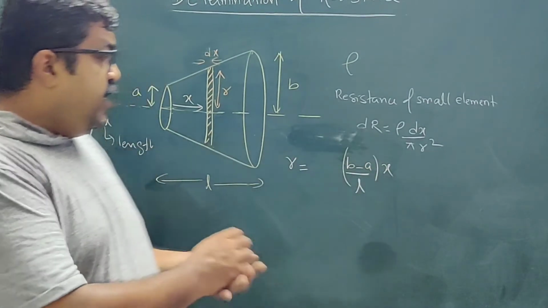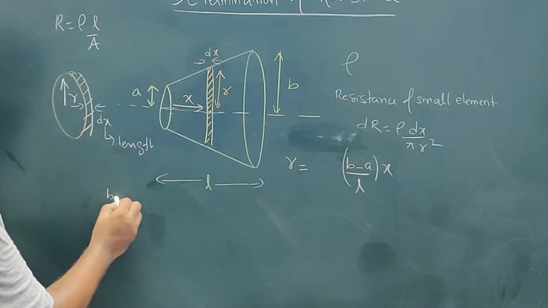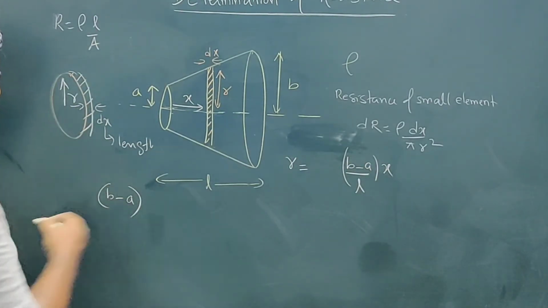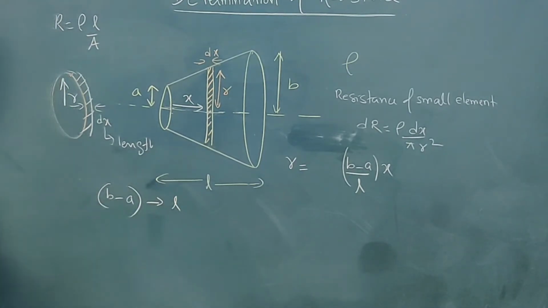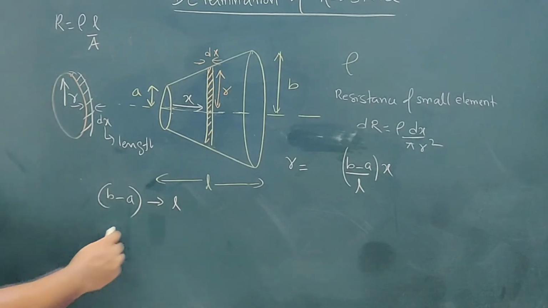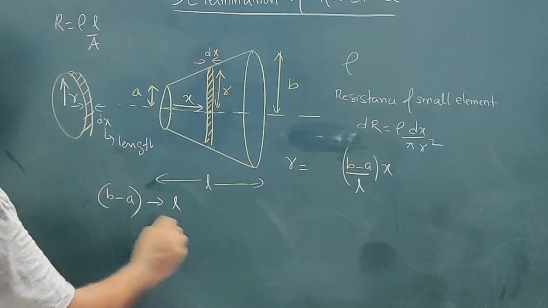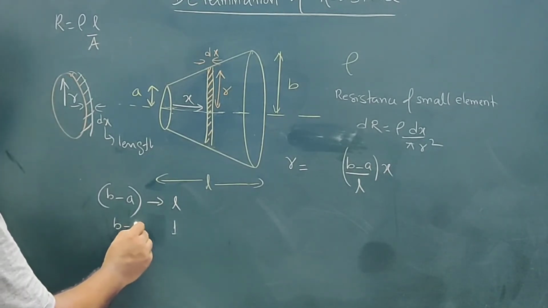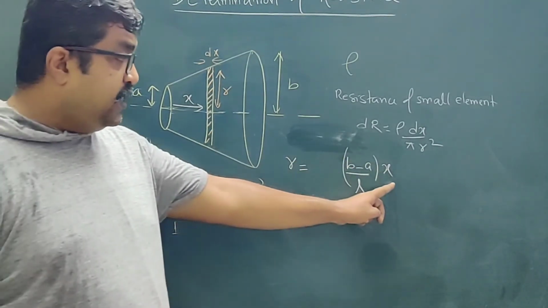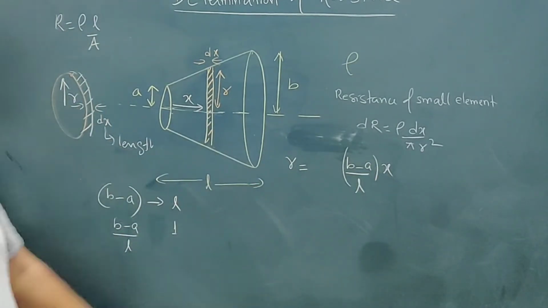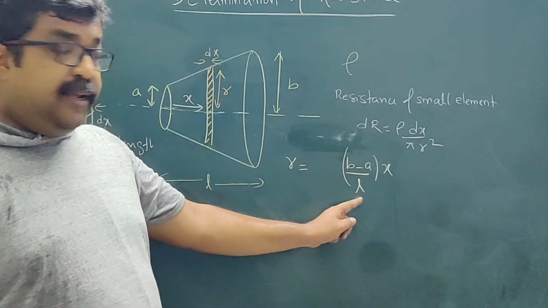Since B minus A is the increase in radius over distance L, when you move through 1 unit distance, the increase in radius will be (B minus A) by L. So when you move through distance x, the increase in radius will be (B minus A) by L into x.